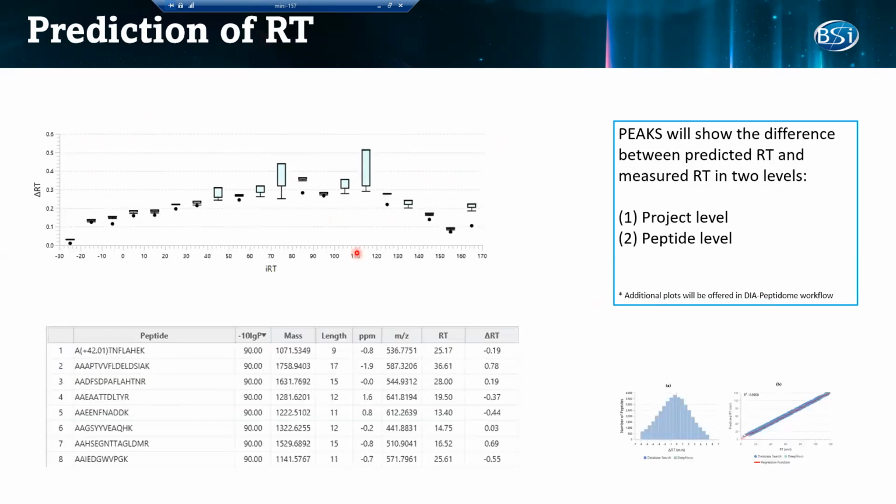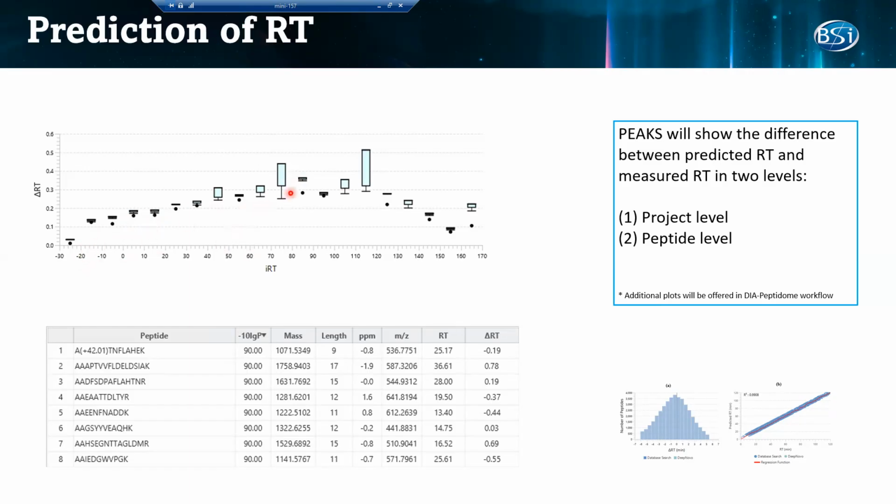And we also predict the RT. For the RT, we offer you the result at two levels. One is what we call the project level. In the result, we offer you a figure that gives you the delta RT value in each LCMS time range or interval.